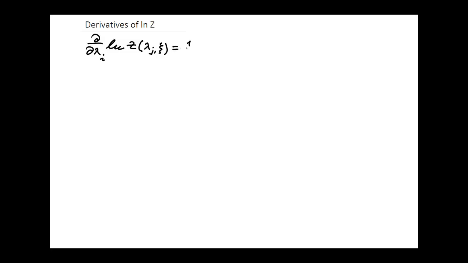First of all, this is 1 over Z, and then dZ over d lambda_i. Let's remember what the Z is. So this is d over d lambda_i, and then we have the trace of the exponential e to the minus lambda_j A_j.